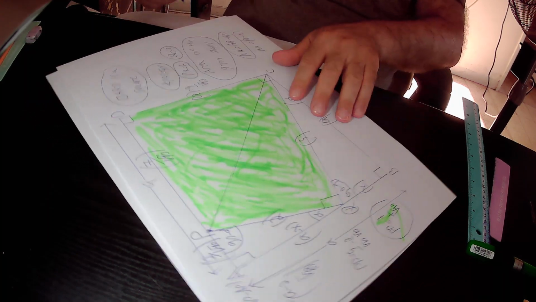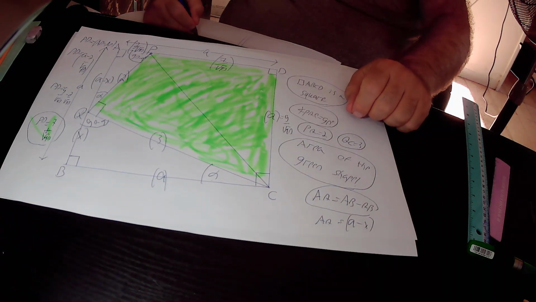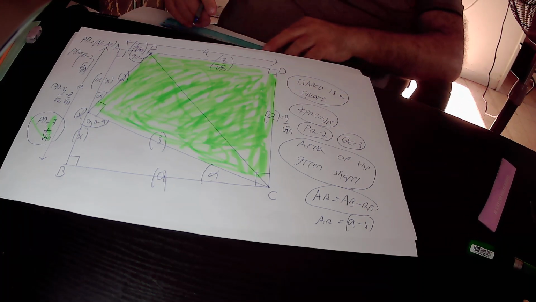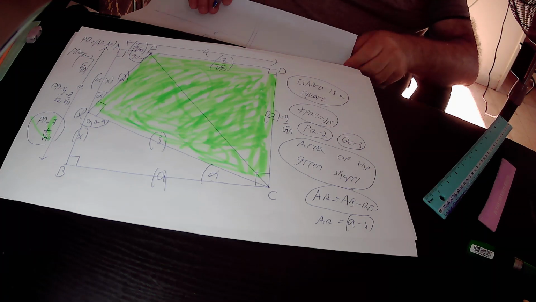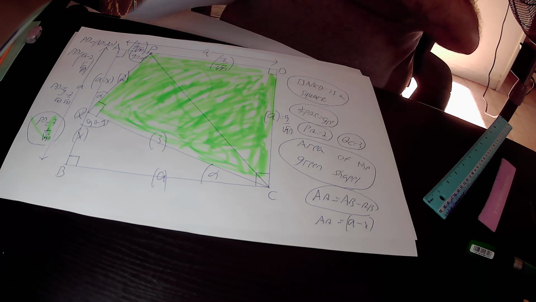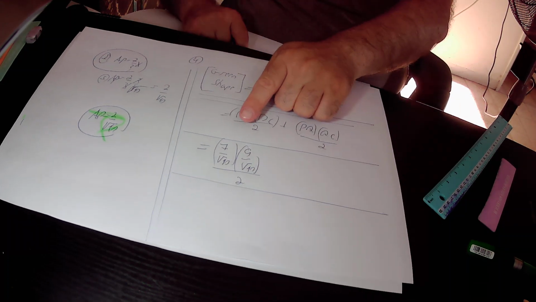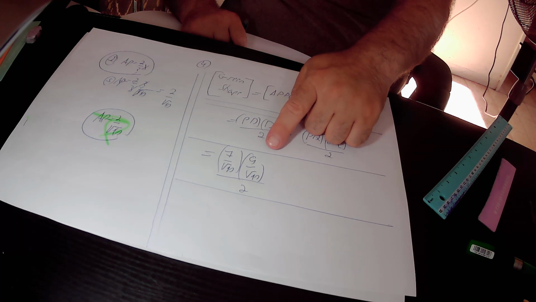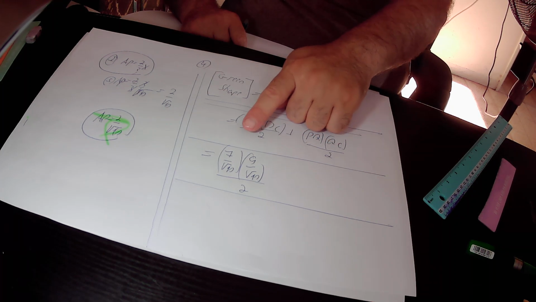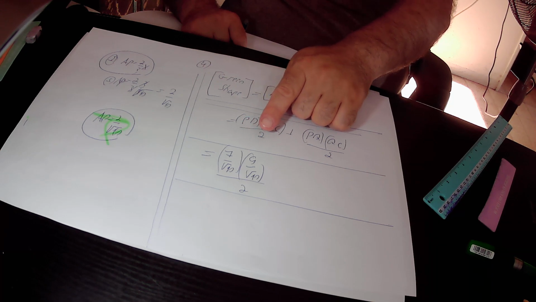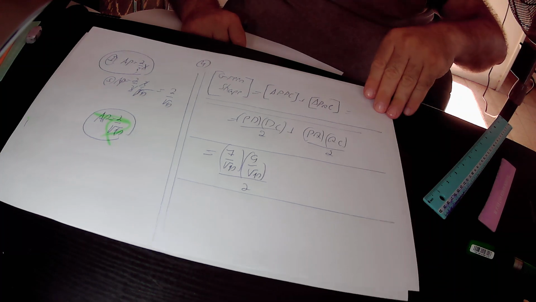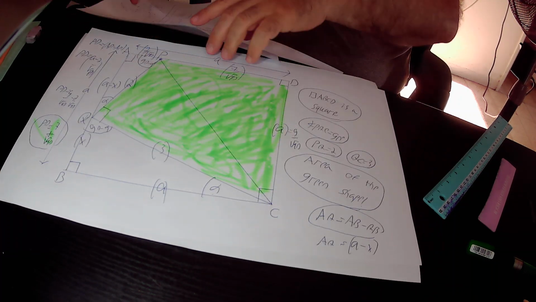So the area of PDC is the base, 7 over square root of 10, times the height, 9 over square root of 10, divided by 2, plus the area of the right triangle PQC.